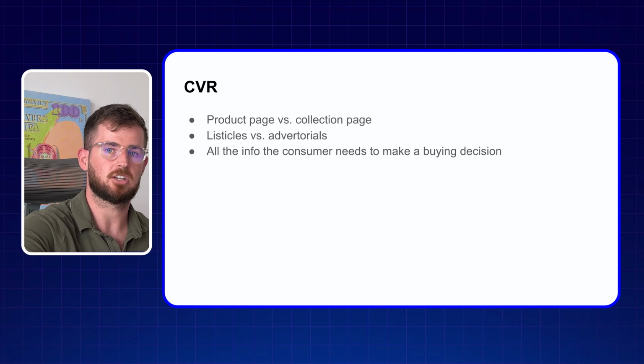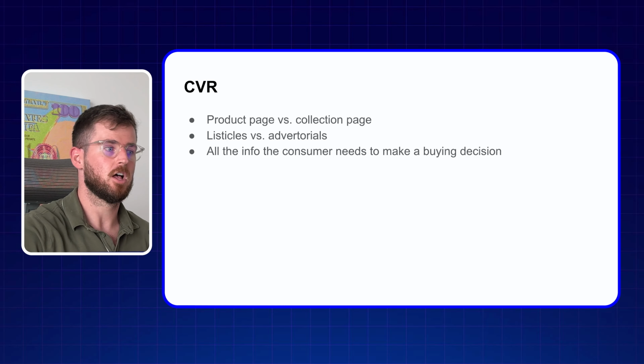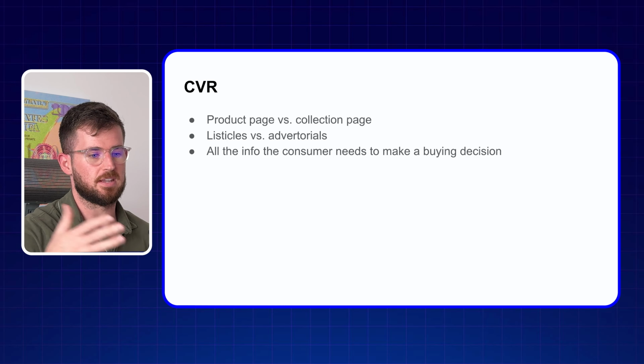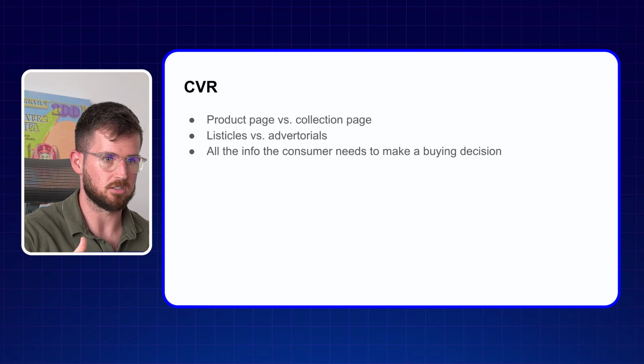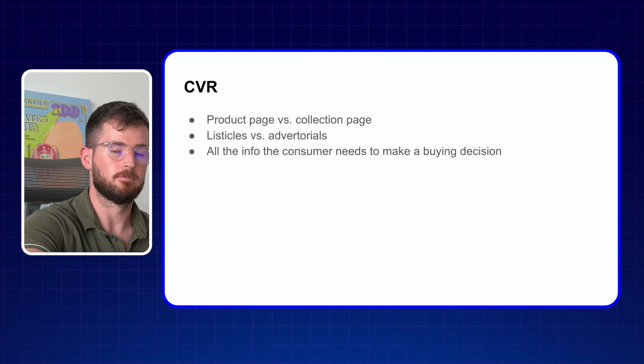Same thing around the objections, same thing around authority, testimonials, risk reversal. How do I pull all the risk off the consumer by giving them a 30-day money back guarantee? All of those key things are very, very important on the conversion rate side.